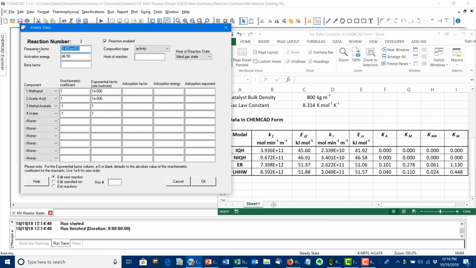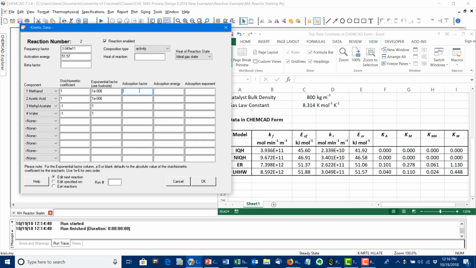And I'll just update the pre-exponential factor, 2.049. That's 10 to the 11th. Activation energy is 1.57. Again, all we have to do is update the adsorption factors.